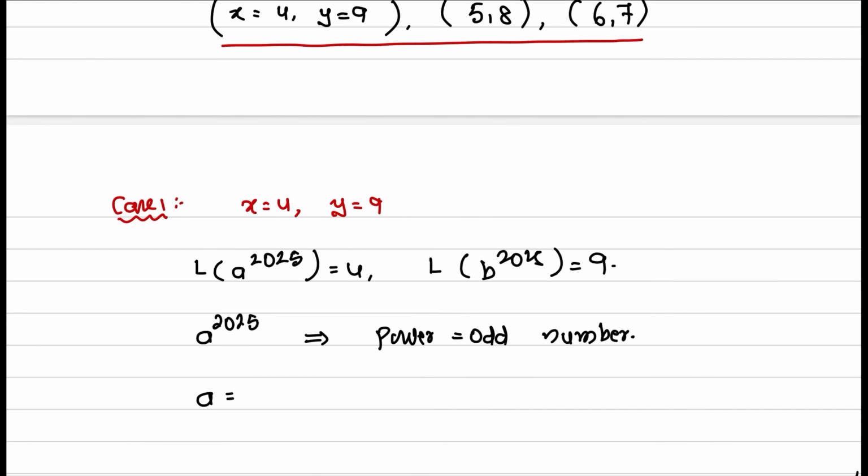A to the power of 2025 is equivalent to D1 mod 10, and instead of D1 we can even write it as x mod 10 because this is the last digit. B is equivalent to y mod 10.